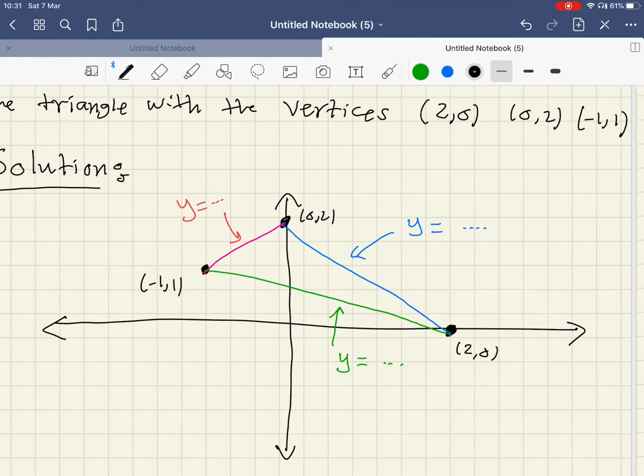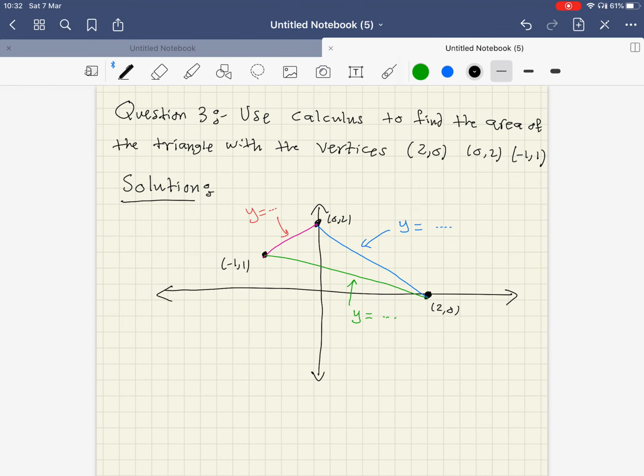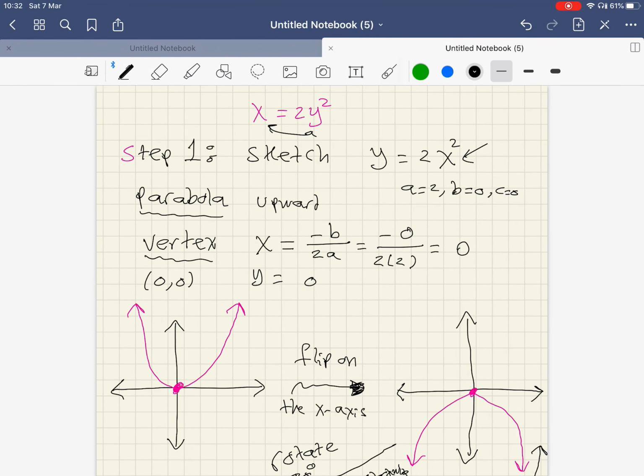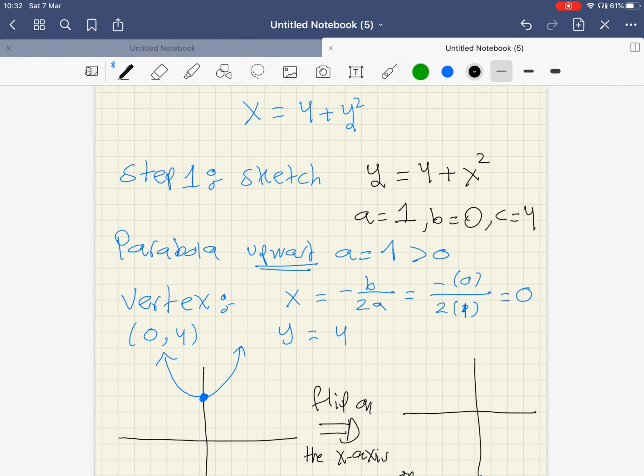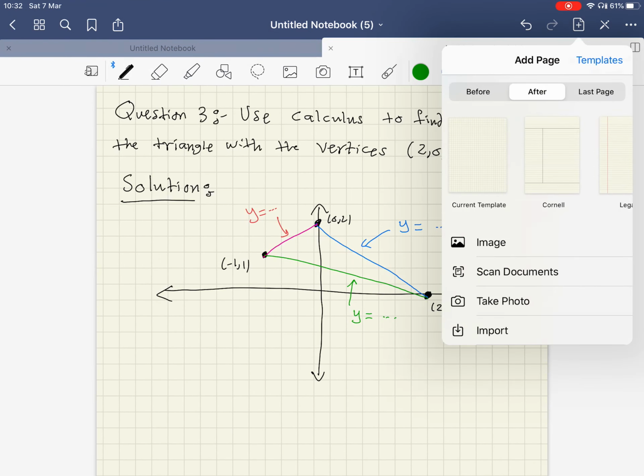Okay, so now let's go back and try to find how we find the equation of a line given that we have 2 points. Let me add a new page here after this one.